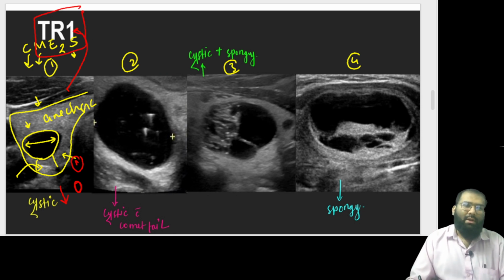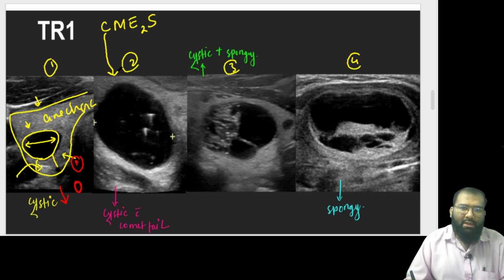Okay, now let us see the second case. Now look at the second image. In the second image again we will be applying CMES. So how is the composition again in this case? Here you are able to see it's well defined, and again there is posterior acoustic enhancement.